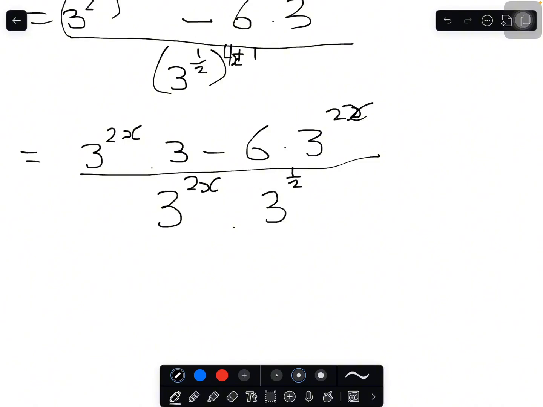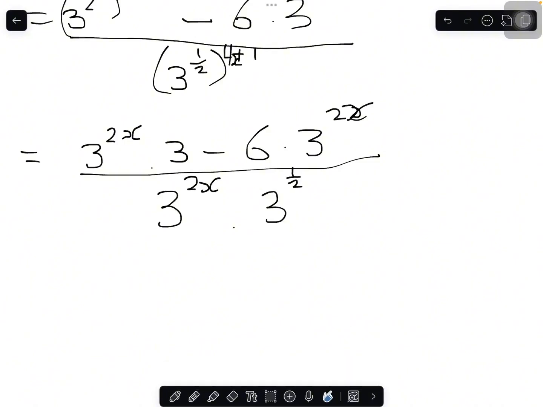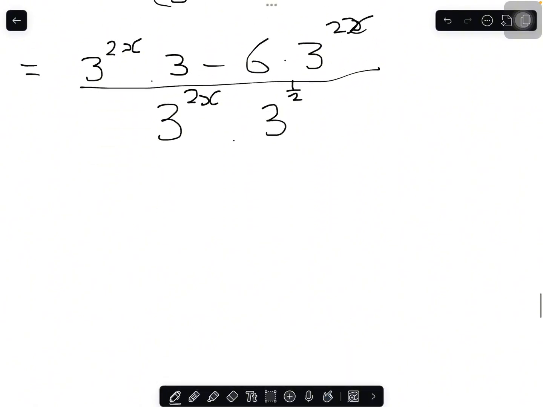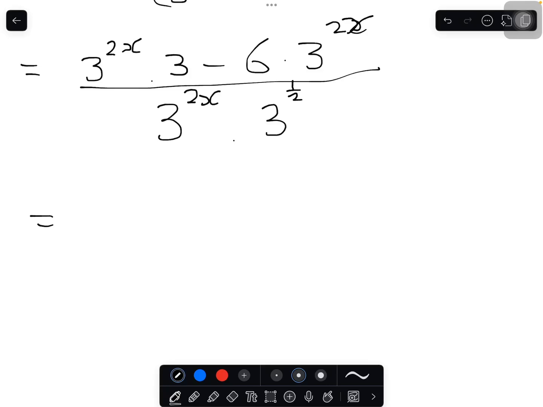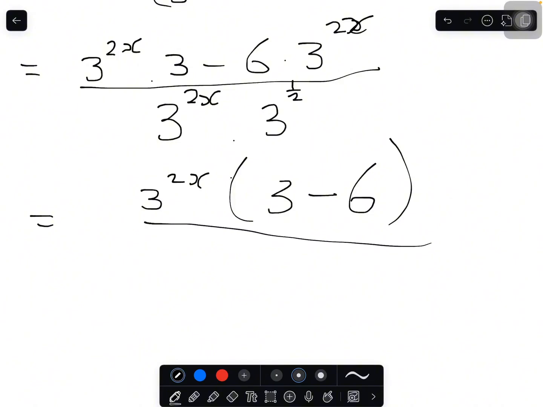Now, as I move on, if you look at the top part of my equation, I have a common factor of 3 to the 2x, and that's going to go into 3 minus 6. Is that correct? Yes, that is correct.